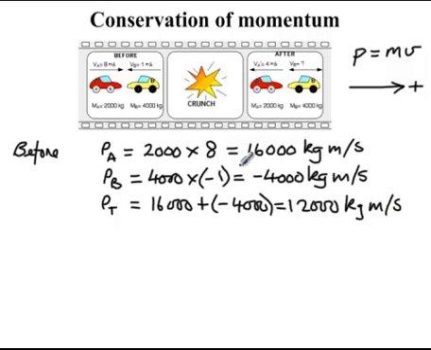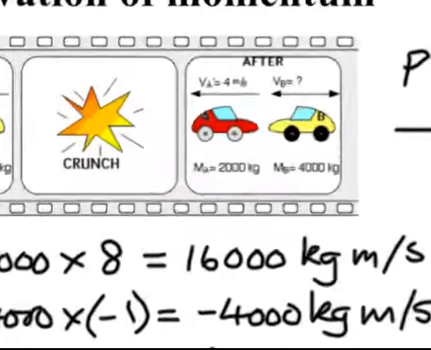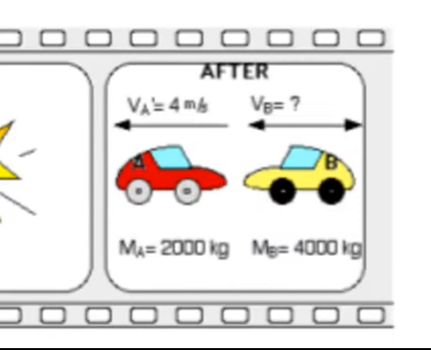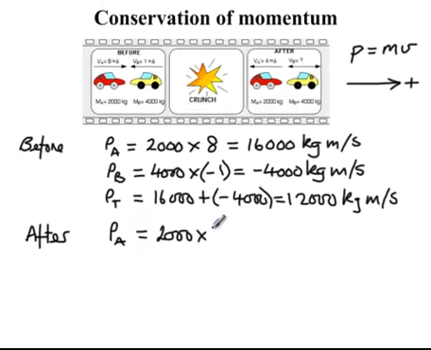I can now look at the situation after the collision. So after, and again I need to work out the momentum of each of the vehicles. So P of A is now, its mass is still 2,000, multiplied by its velocity is now 4 meters per second in the negative direction.